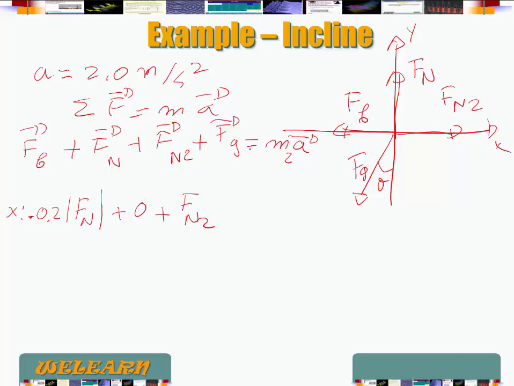That's what I'm trying to find. Fg is going to have this component along the x, which is going to be minus m2g times sine of theta, and then that's equal to m2a.